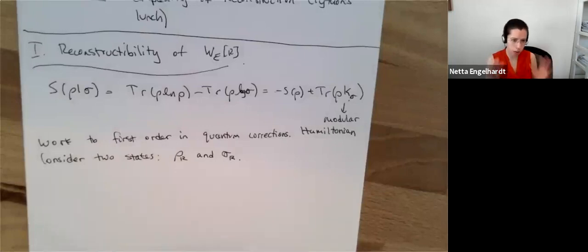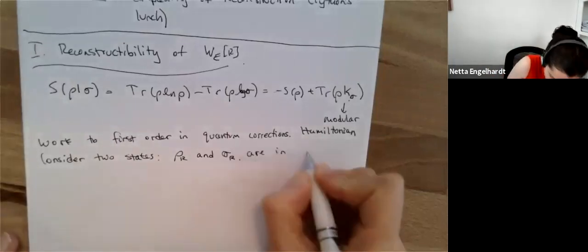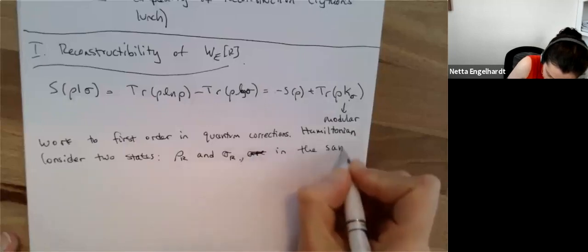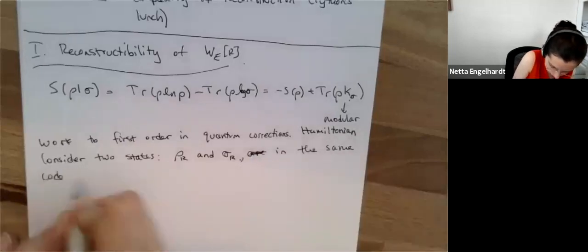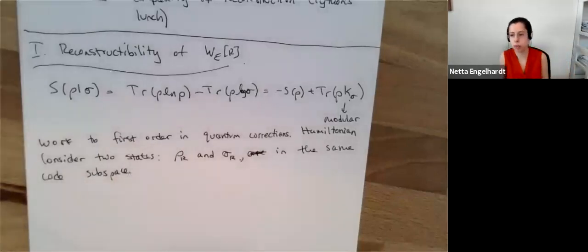So we need to consider some code subspace in the bulk, and we're going to be working with these two in the same code subspace. And in this case, the code subspace we're considering is one where we have some classical geometry, we have some quantum fields propagating on it.